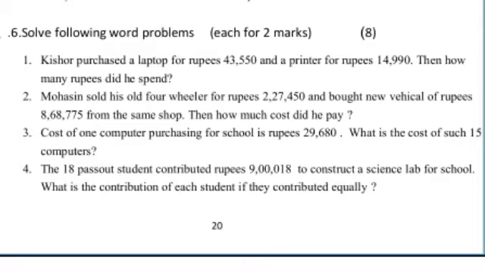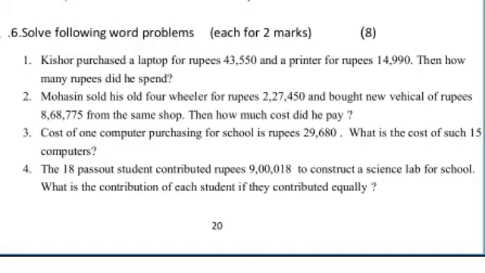Question 4. 18 pass out students contributed rupees 9,18,000 to construct a science lab for school. What is the contribution of each student if they contributed equally? 18 students and rupees 9,18,000.